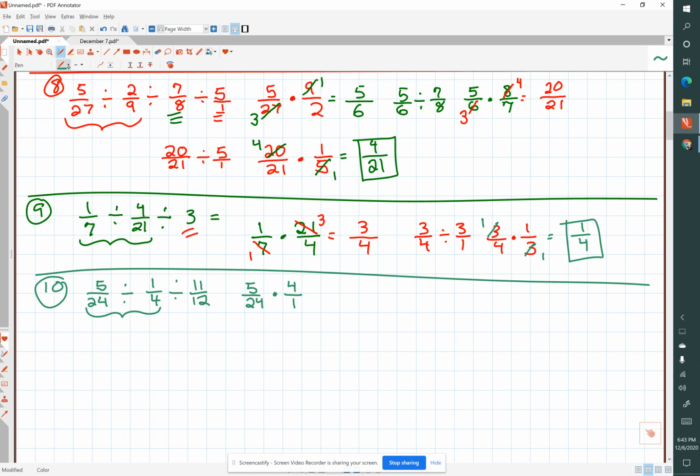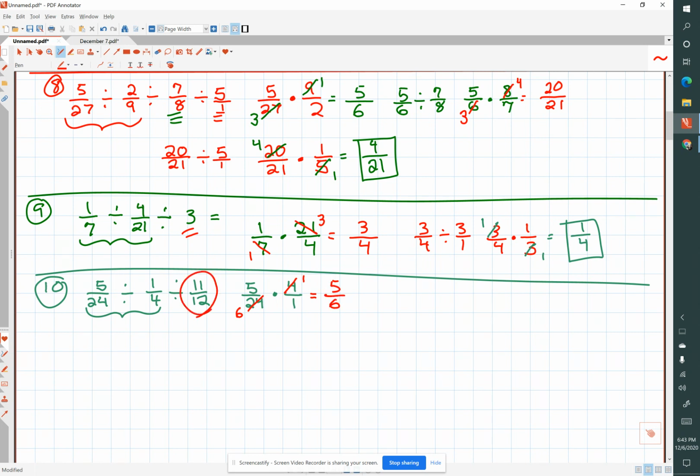Now 24 is a multiple of 4. 4 is a factor of 24. 4 divided by 4 is 1. 24 divided by 4 is 6. So multiplying straight across, we have 5 over 6.